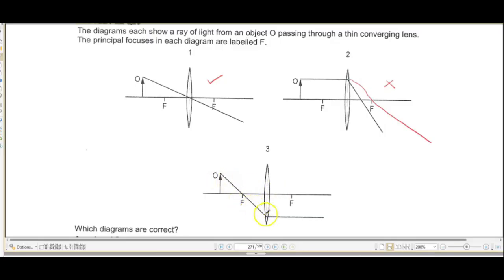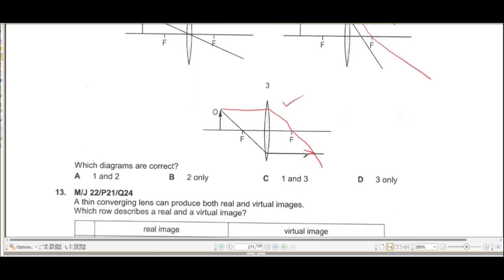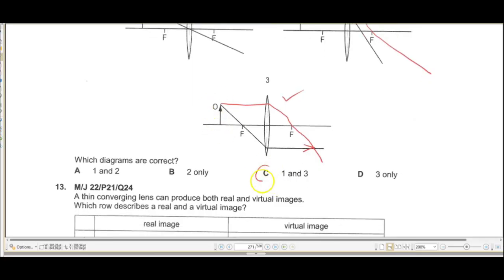So when this happens, after converging, the ray remains straight, just like this, and it passes through the principal focus. So the one ray that has already passed through the principal focus before it converges remains straight like this. So basically these two rays are opposites of one another. So 3 is also correct. So 1 and 3 are correct. So C is going to be our correct option.